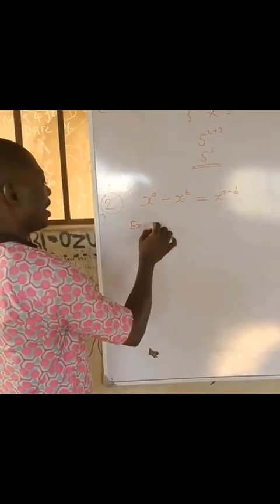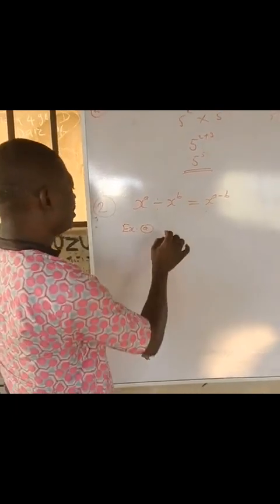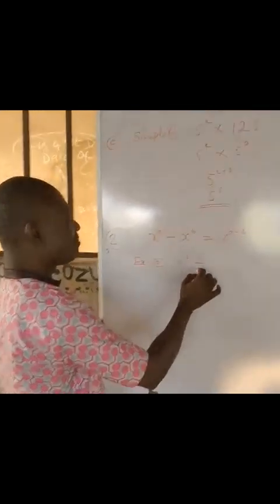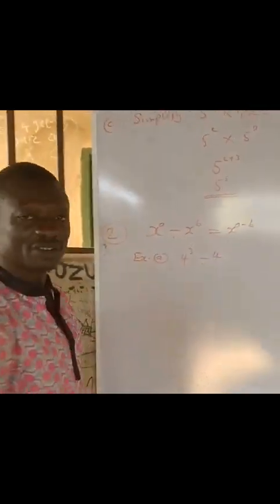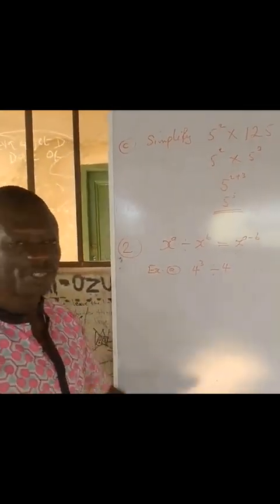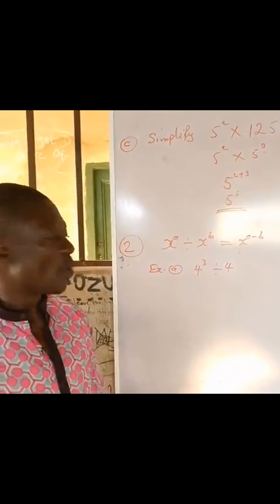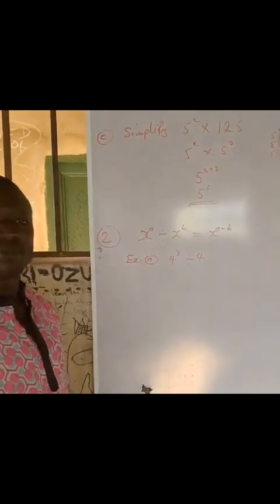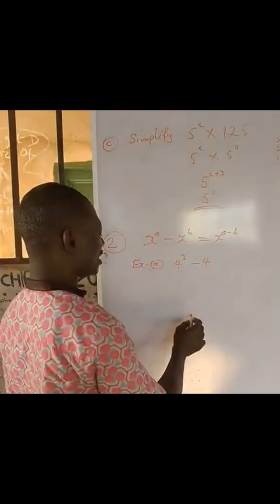Examples. Example A. If we are given 4 raised to power 3 divided by 4. If we write 4 like this, note that the 4 alone is simply 4 raised to power 1. We can reduce this to base 2, but since they have same base 4 here, let us continue with that.